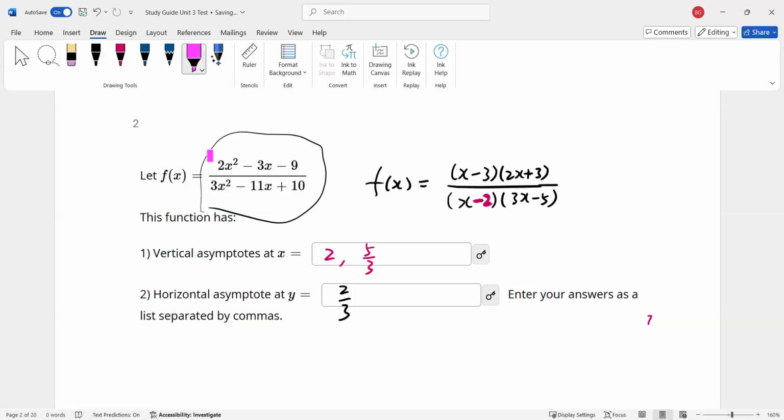Numerator, the leading coefficient is 2. Denominator leading coefficient is 3. 2 over 3. y equals 2 over 3. That's the horizontal asymptote. All right? Because the behavior of the two polynomials depends on the leading term. Since they have the same degree, the function approaches 2/3 when x approaches infinity. And that's this problem. This one doesn't spend too much time.